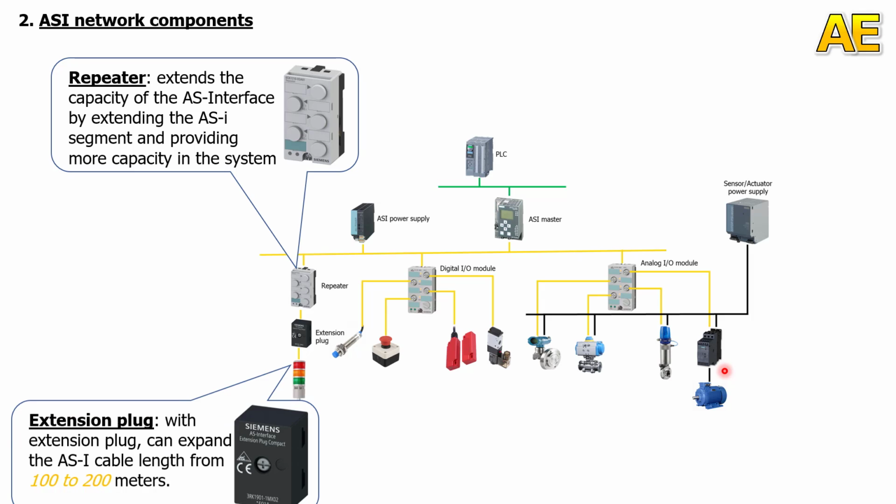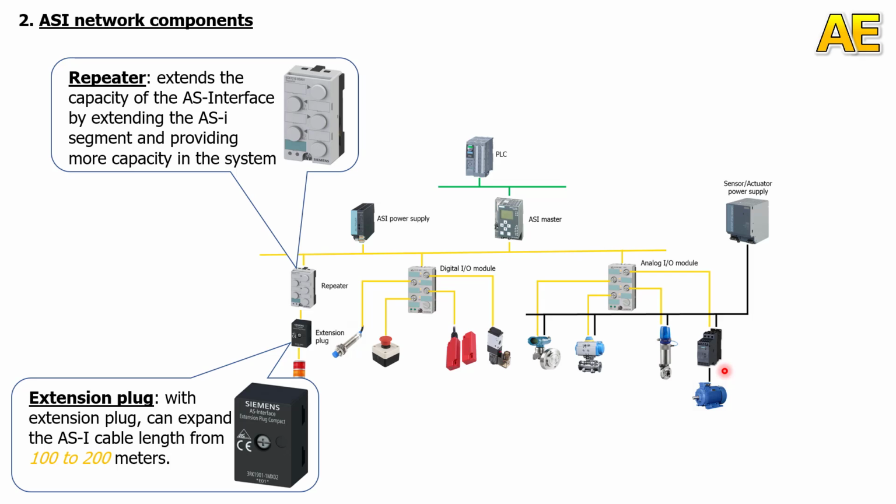Okay, next is the extension block. When using the extension block, the maximum possible cable length in the ASi segment can be doubled from 100 to 200 meters.